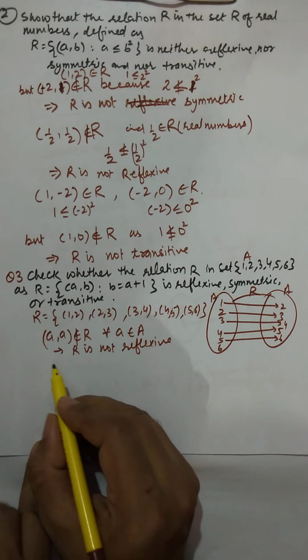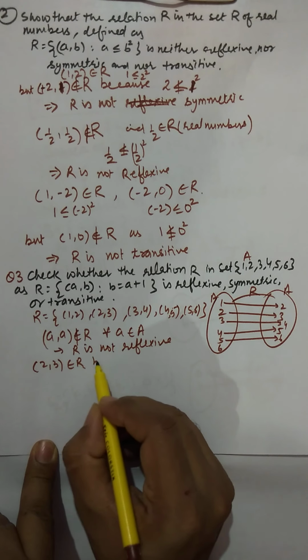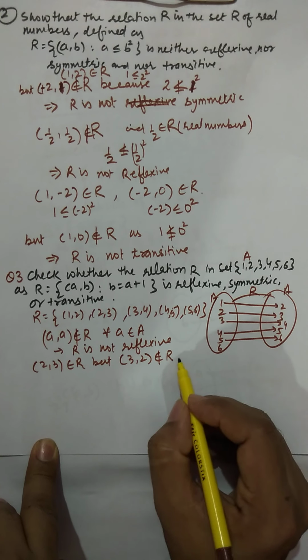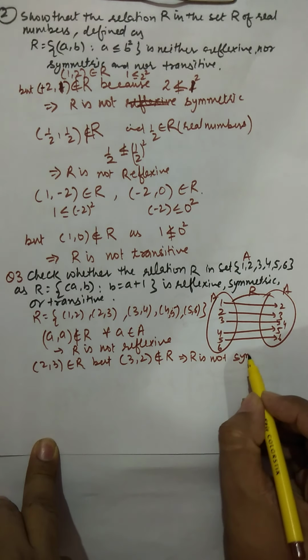reflexive. Let's say another example: (2,3) belongs to R, but (3,2) does not belong to R. It means R is not symmetric.